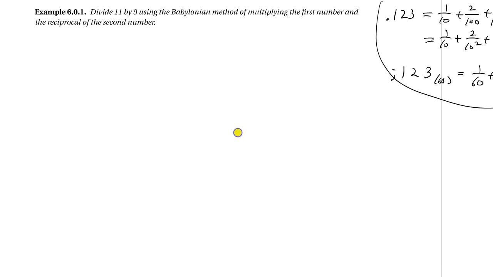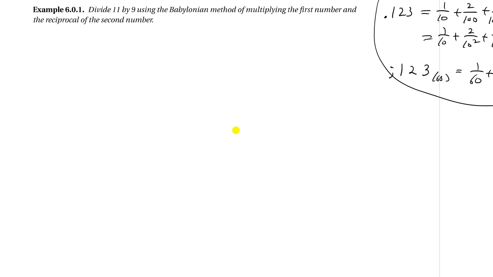And let's look at this question. We want to divide 11 by 9 using the Babylonian method, multiplying the first number by the reciprocal of the second one. So let's calculate 11 divided by 9, and in their method, it should be 11 times 1/9.